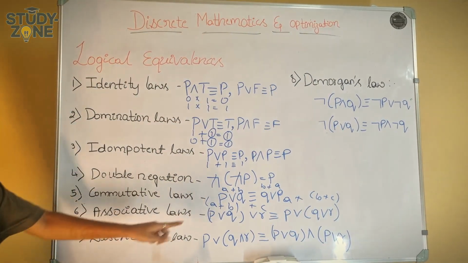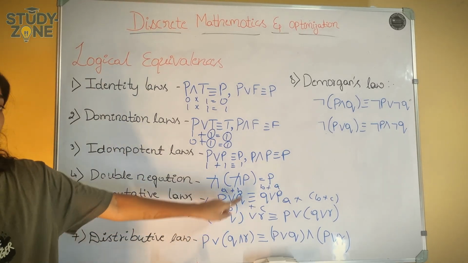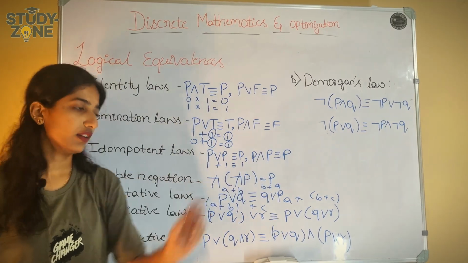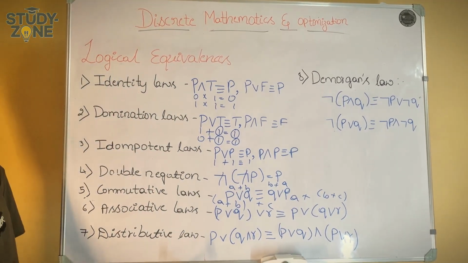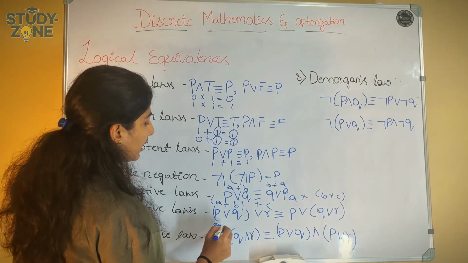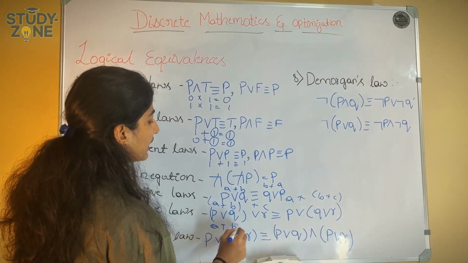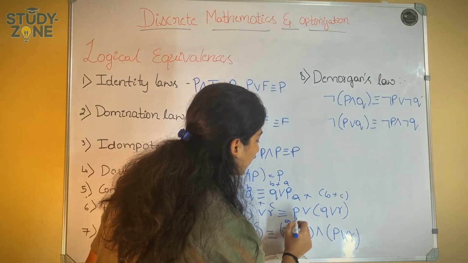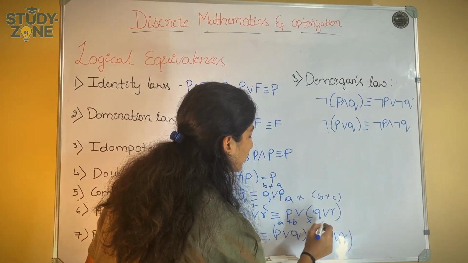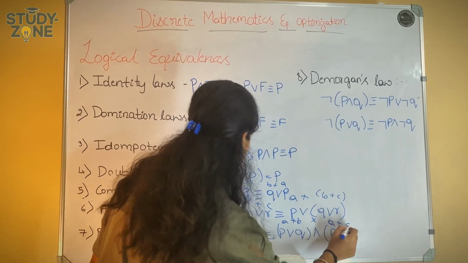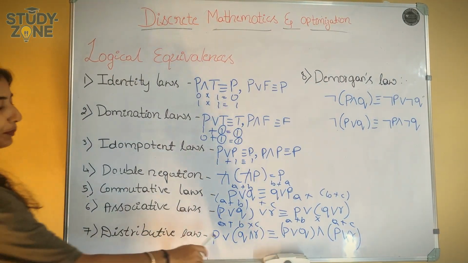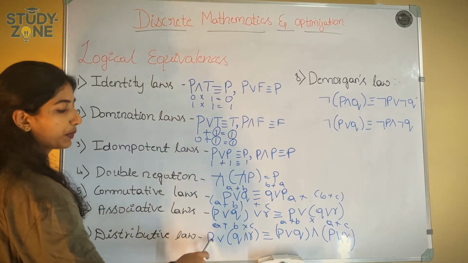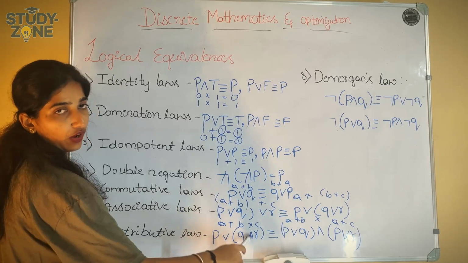So same like this, P or Q or R is logically equivalent to P or Q or R. And then distributive law. This one also you have seen before. A plus B into C is equal to A plus B into A plus C. Correct? So P or Q and R is logically equivalent to P or Q and P or R.